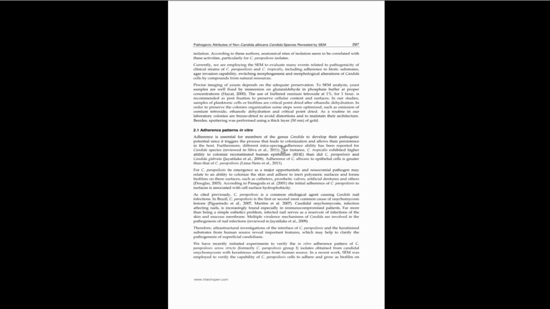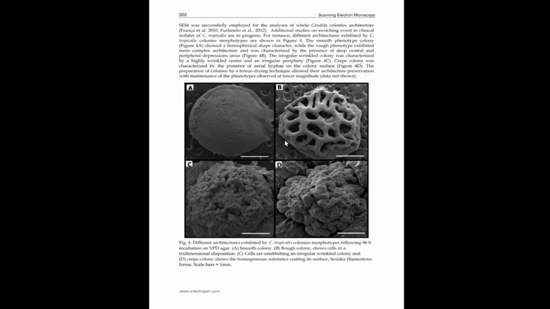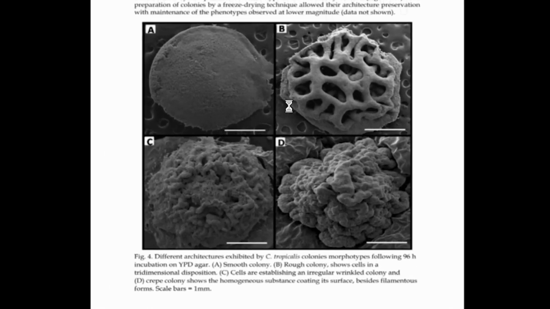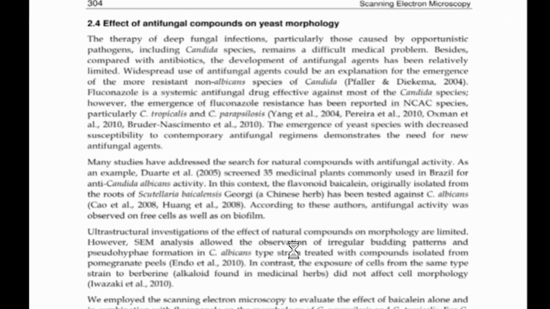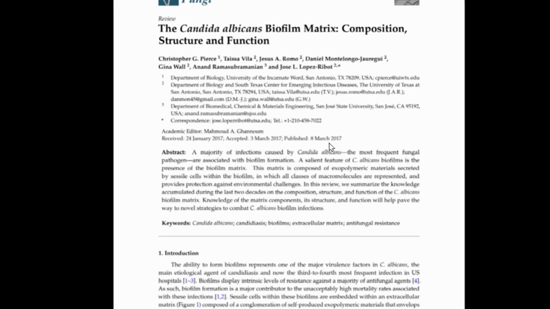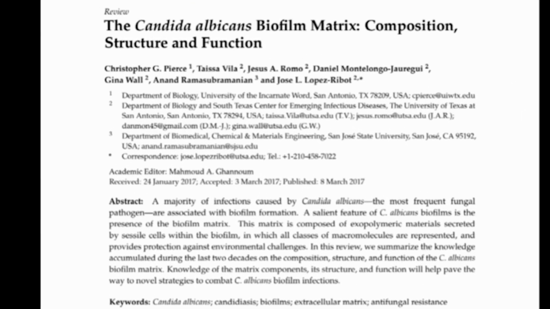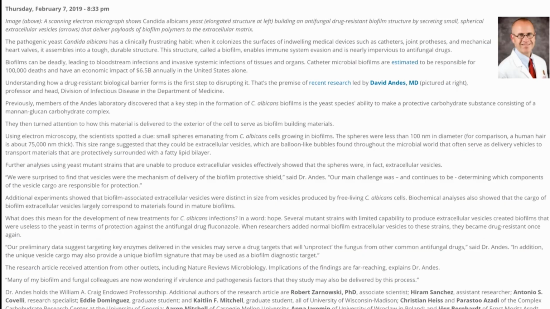So there are some very good review articles on Candida and some of the appearances of it and the phenotypic switching that goes on with fungal infections. It's very, very interesting. If you're interested, I recommend that you read some of this literature. It gives you a different perspective on what's going on.